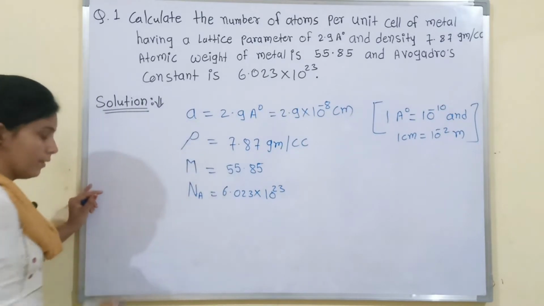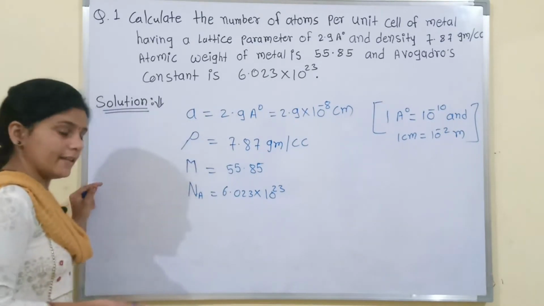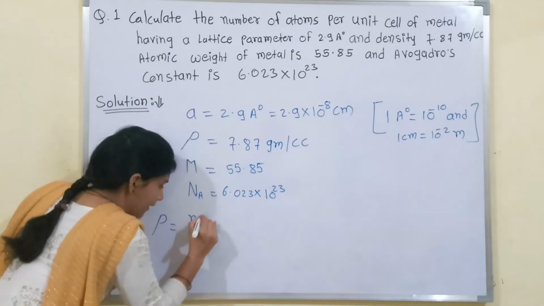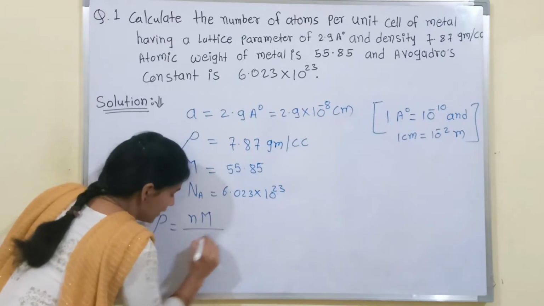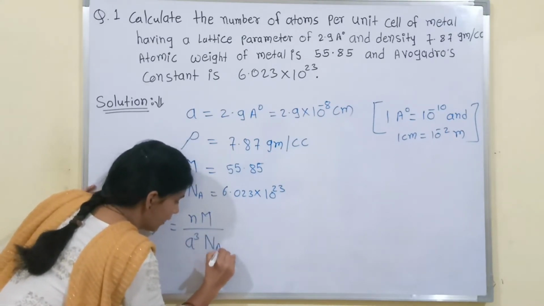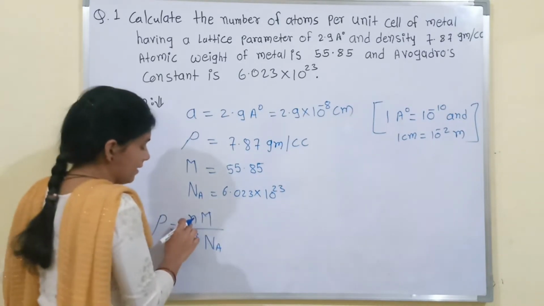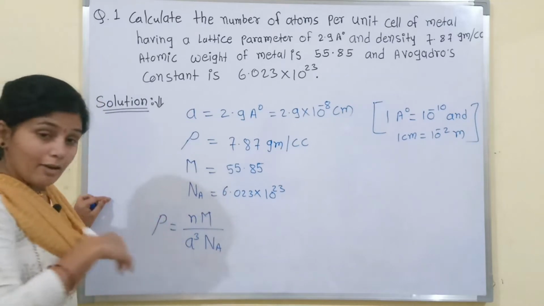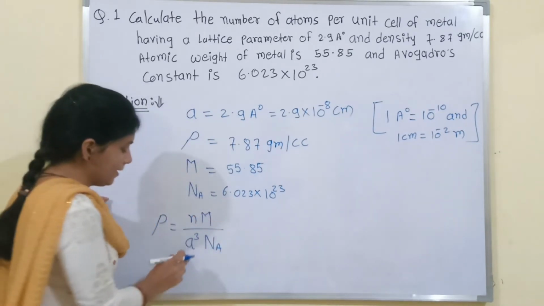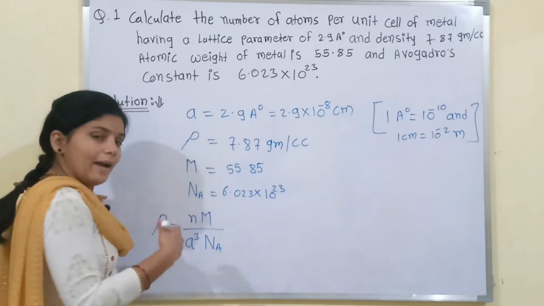Okay. Now we know the formula for the crystal density, that is rho is equal to N M divided by a cube into Na. Here, N is the number of atoms per unit cell, capital M is the atomic mass, a is the lattice constant and Na is the Avogadro's number.